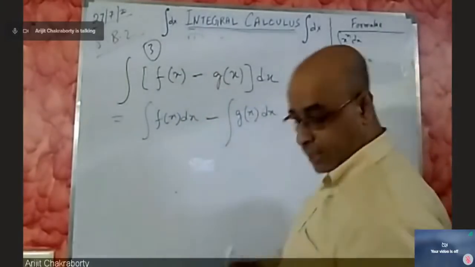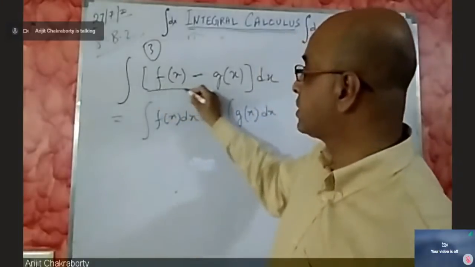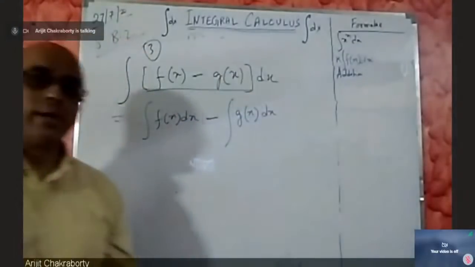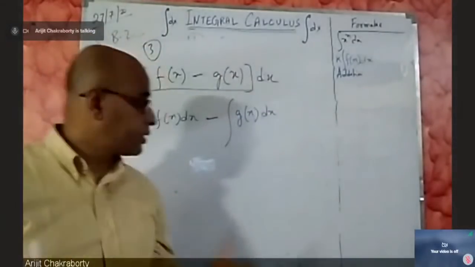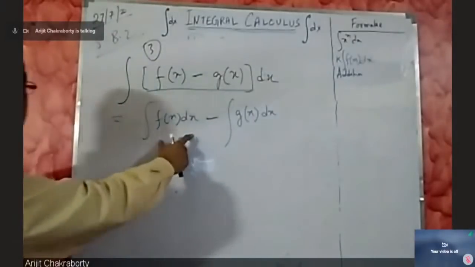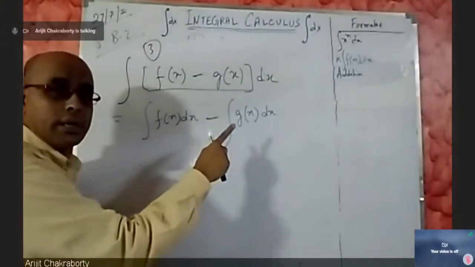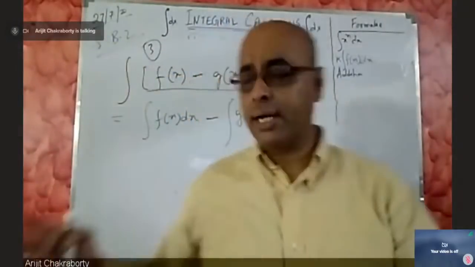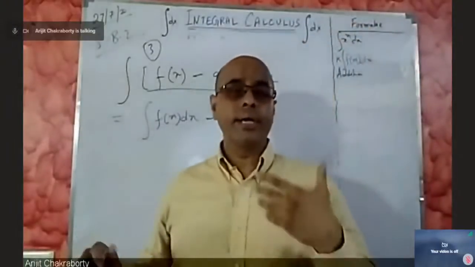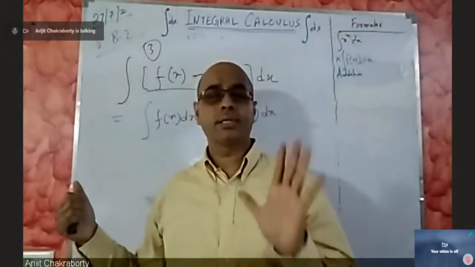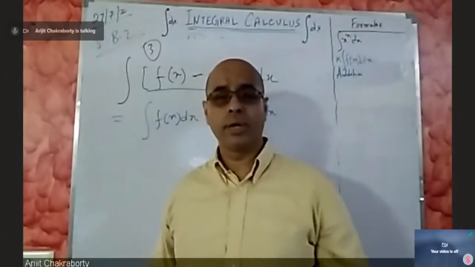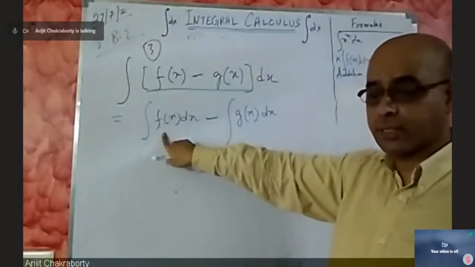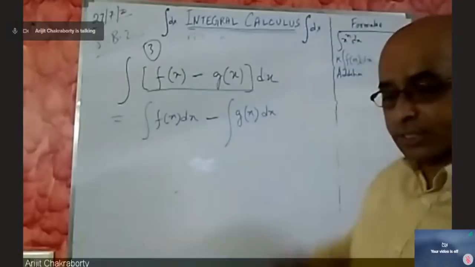If you want to integrate this entire function, f(x) minus g(x), then the recommended way to do it is carry out integration of f(x) dx first minus integration of g(x) dx. Okay, we will take a number of examples. So let's first focus on the formula. We keep noting the formula and then we will see at least 40 to 50 examples. Not to worry on that. Right. So f(x) minus g(x) will be integration of f(x) dx minus integration of g(x) dx.